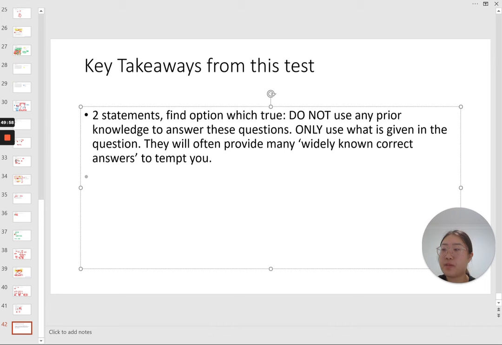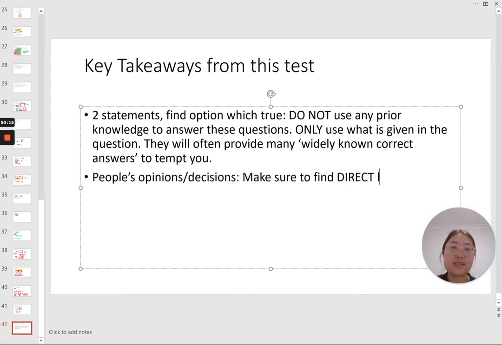Another one. Let's talk about the people's opinions and decisions questions. Make sure to find direct links between their opinion and the given paragraph.